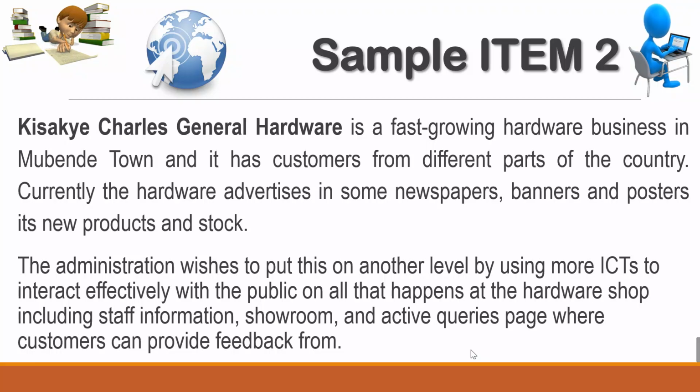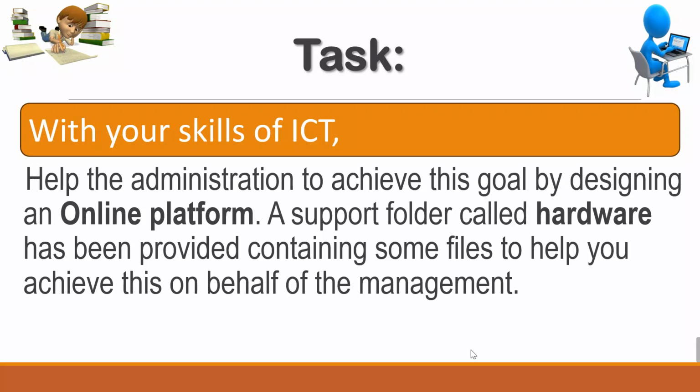So when you see this kind of information, it means that now these people, they are already using offline documents. We continue. The administration wishes to put this on another level by using more ICTs to interact effectively with the public on all that happens at the hardware shop, including staff information, showroom, and active queries page where customers can provide feedback from. Task.